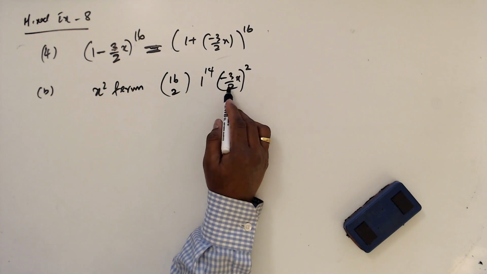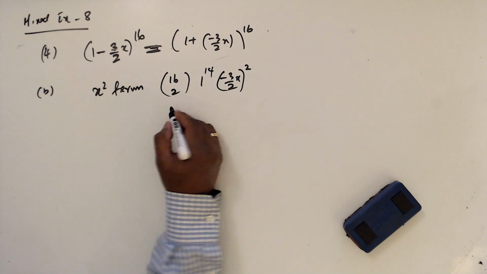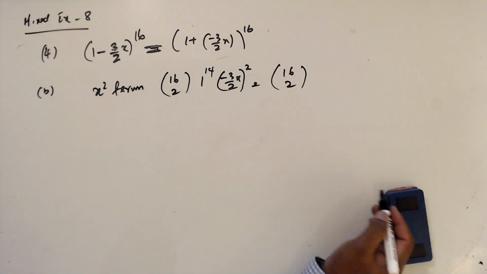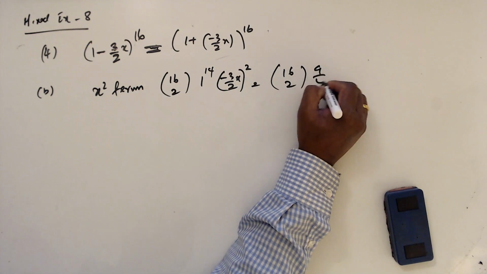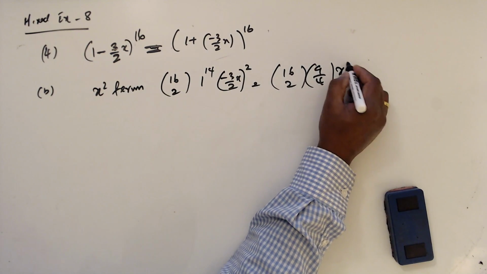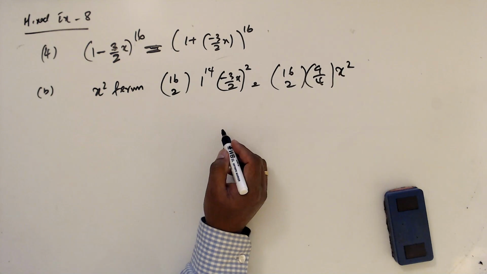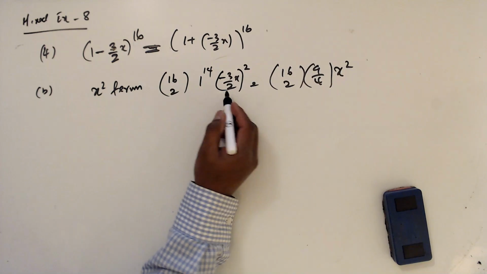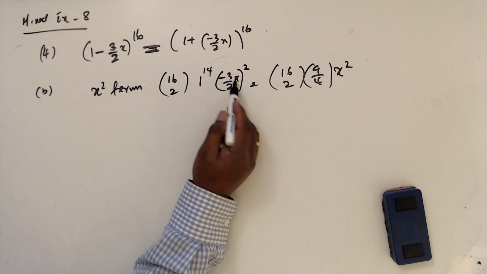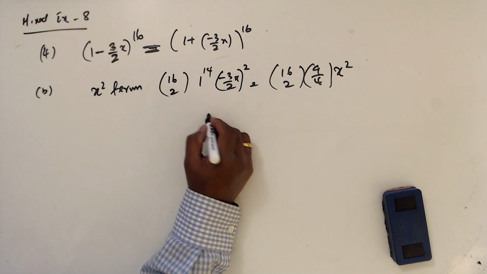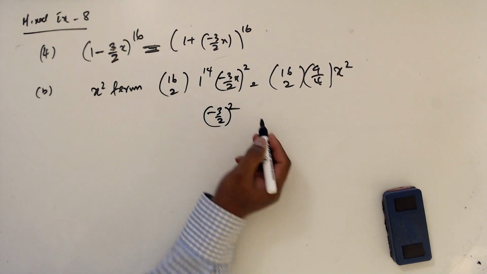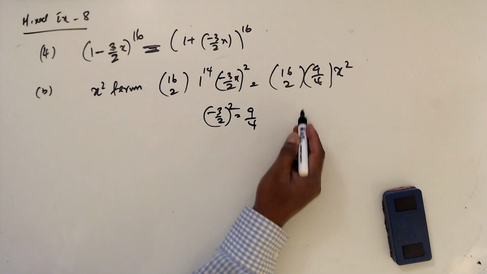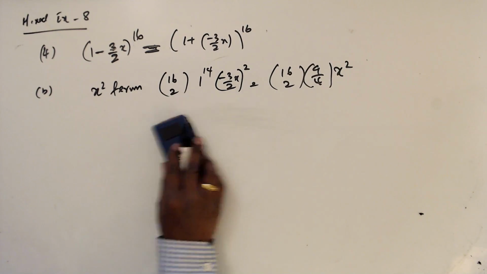Now this is going to be 16 choose 2, 1 to the power 14 is 1, and this is minus 3 over 2 squared, which is 9 over 4 x squared.